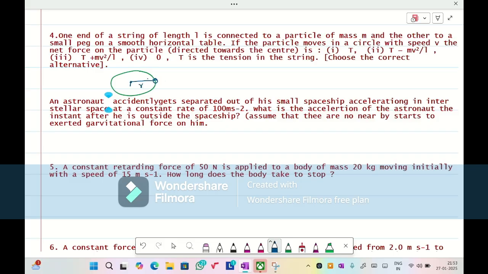Everywhere the tension is T, which is equal to mr omega squared, because it is a horizontal circular motion on a smooth horizontal table. So everywhere it is T only. The net force on the particle moving in a circle with speed v is T.